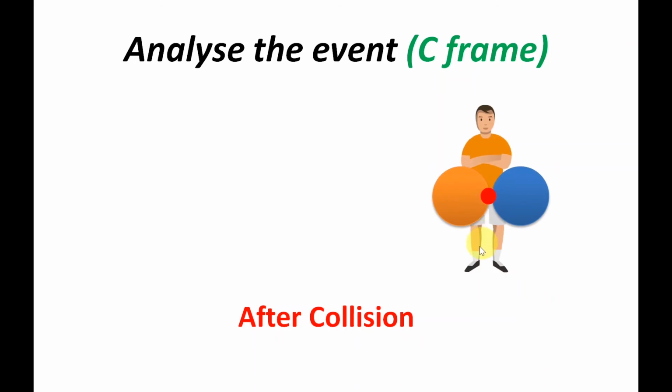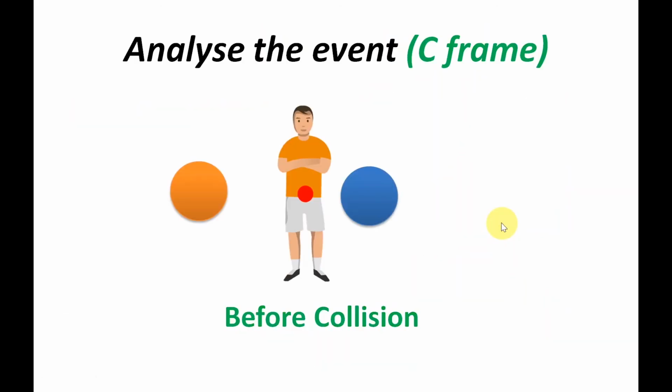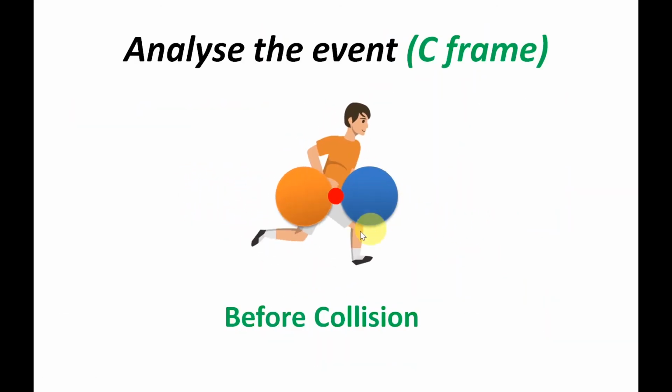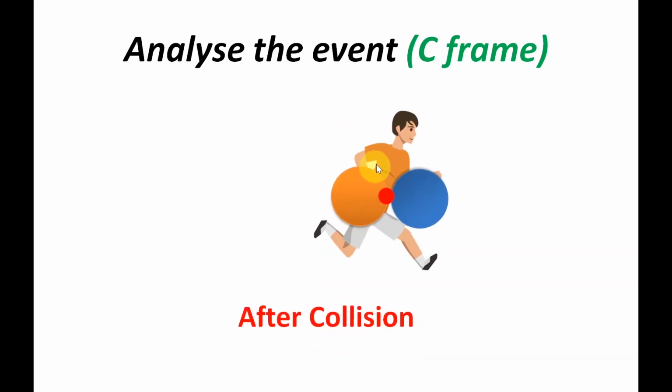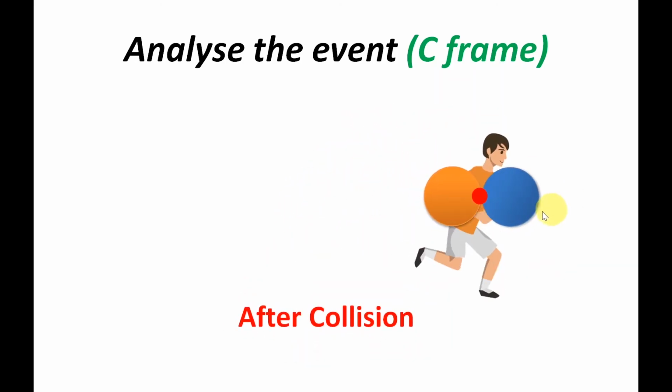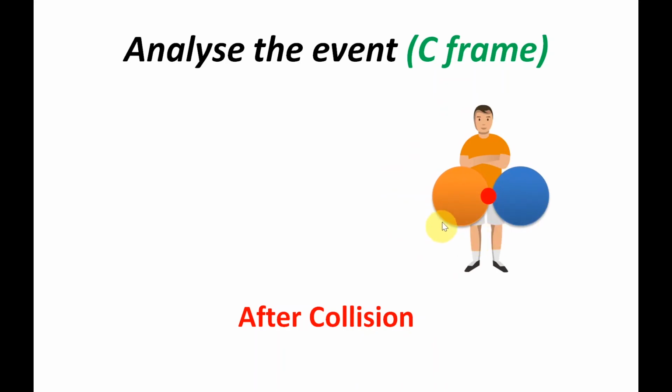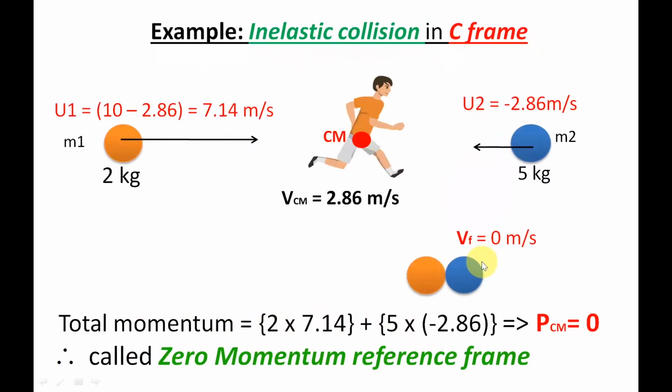This man will conclude that these two balls are at rest after collision, because he is moving at 2.86 meters per second, the same velocity as the two balls. So we can conclude that the final velocity of the two particles after collision will be 0 meters per second according to this observer.